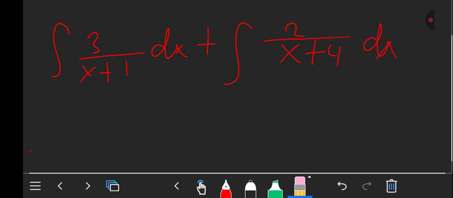Okay, so integration of this is the same as the integral of 1 over x. Integral of 1 over x with respect to x is equal to ln x.